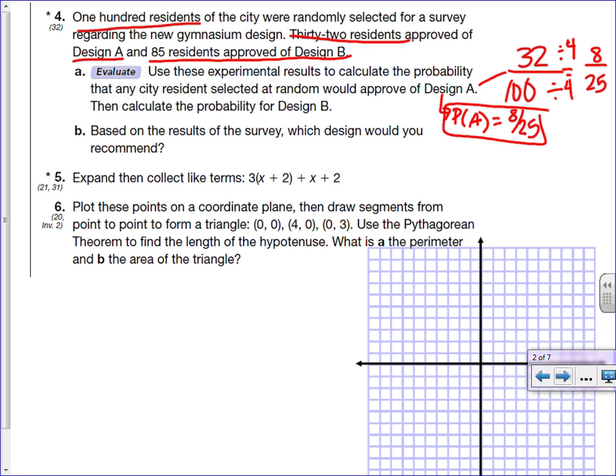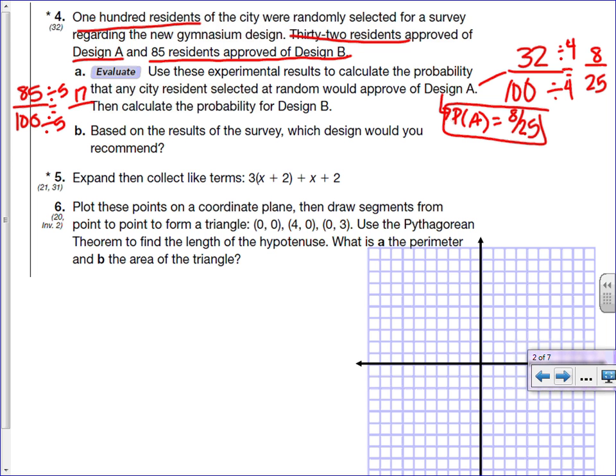Then calculate the probability of B. Well, there were 85 residents that liked design B out of 100 that were surveyed. And both of those can be divided by 5 to start. 85 divided by 5 is 17.